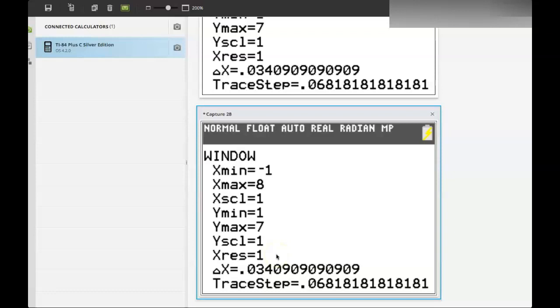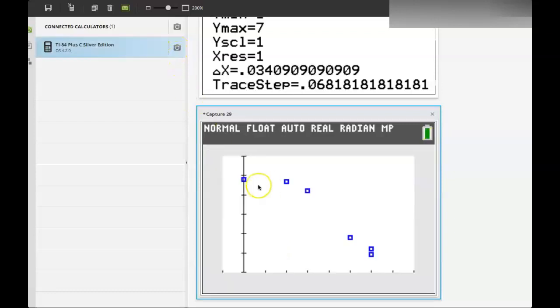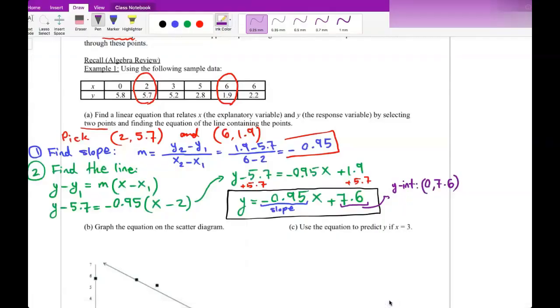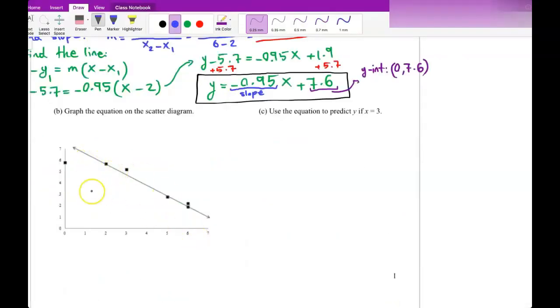Then press graph. For example, this one is 0, 5.8. I have exactly that one here, but I draw a straight line to show that we have these points on this straight line.